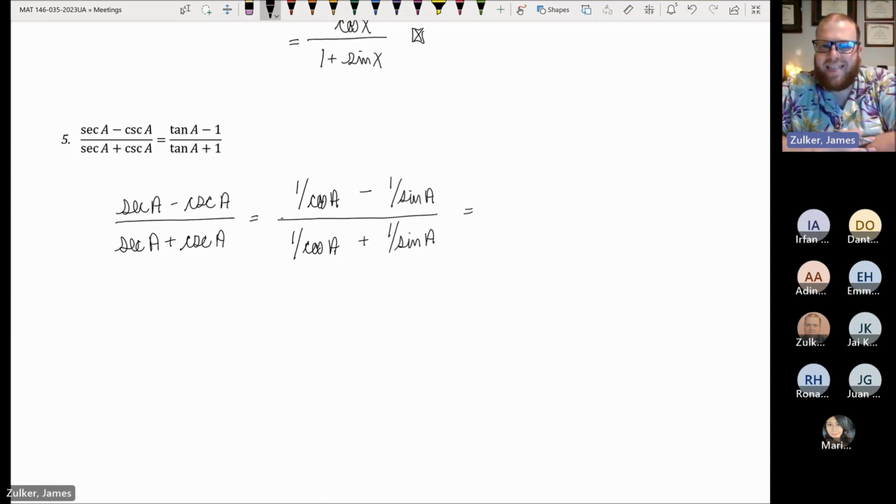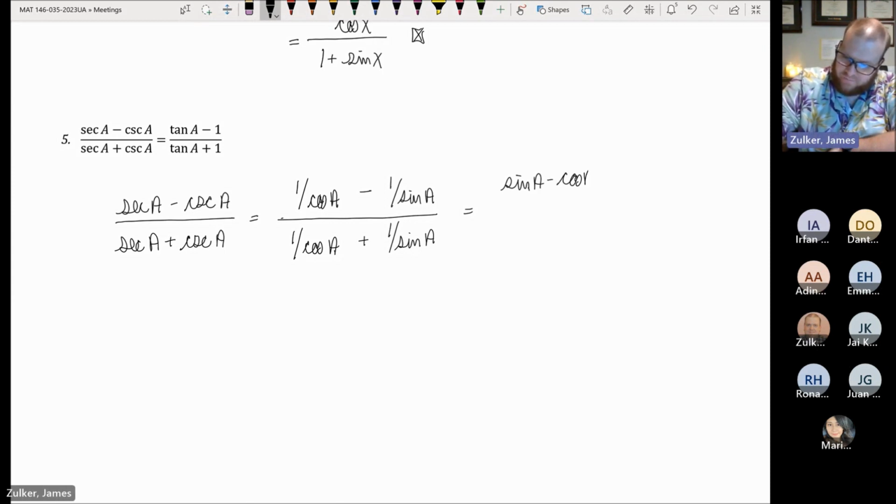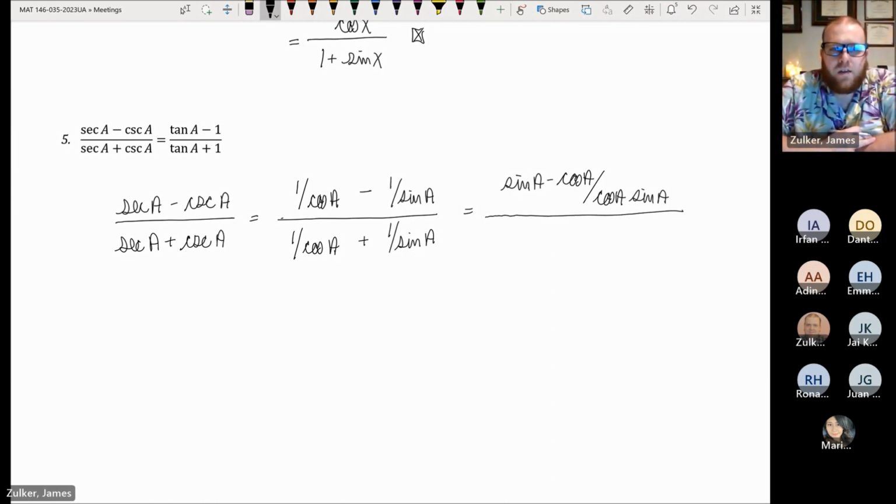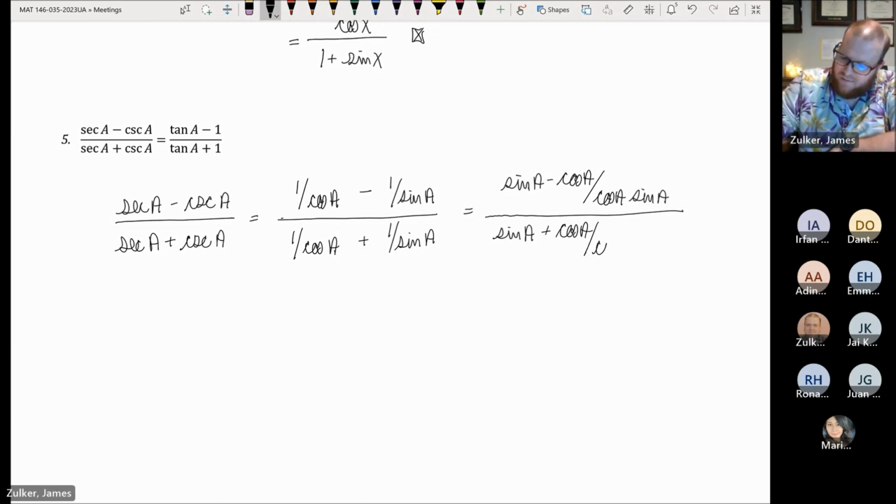Simplify both the numerator and the denominator. Numerator becomes sine A minus cosine A all over cosine A times sine A. Denominator becomes sine A plus cosine A all over cosine A times sine A.